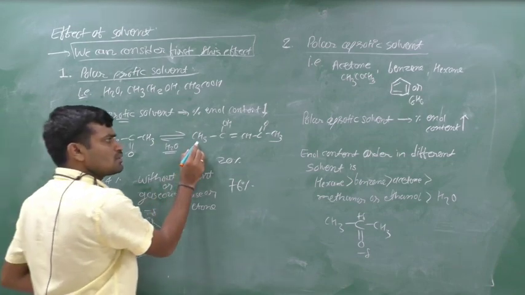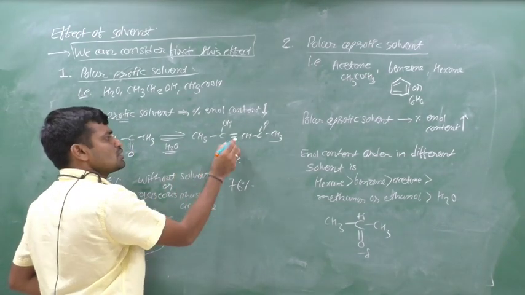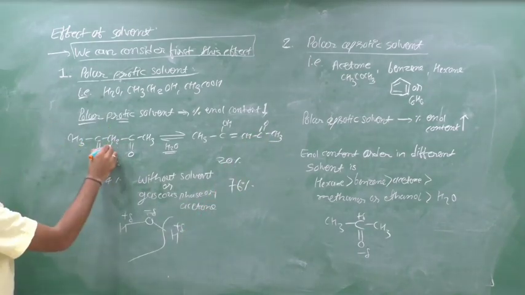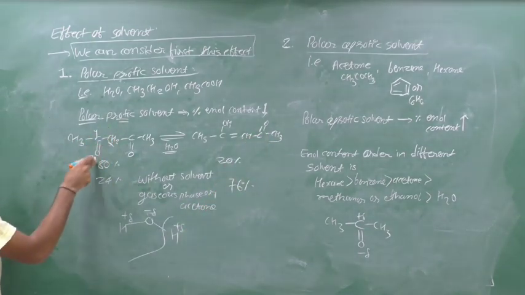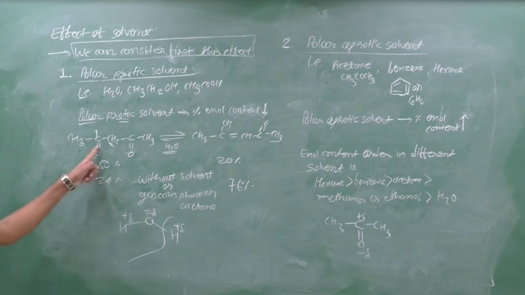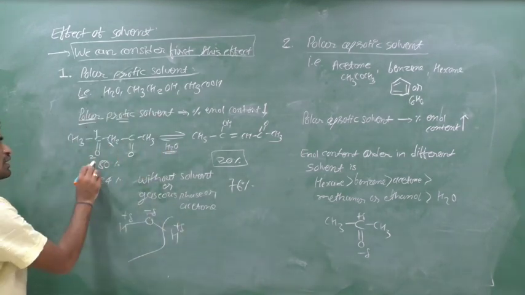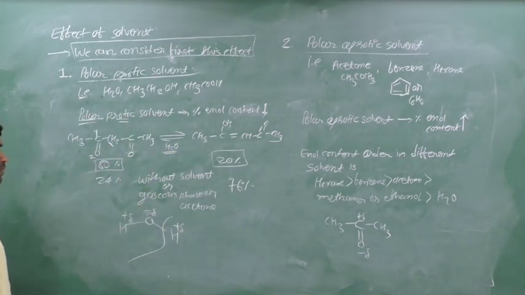If we get the enol form CH3C(OH)=CHCOCH3, we shift one hydrogen from here and the double bond shifts from here to here. Clear? Therefore the enol content is 20% and keto is 80%.